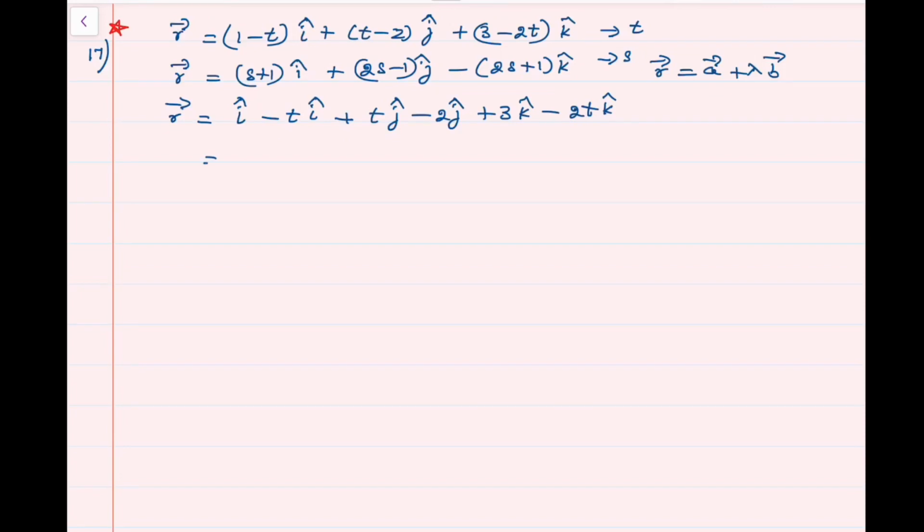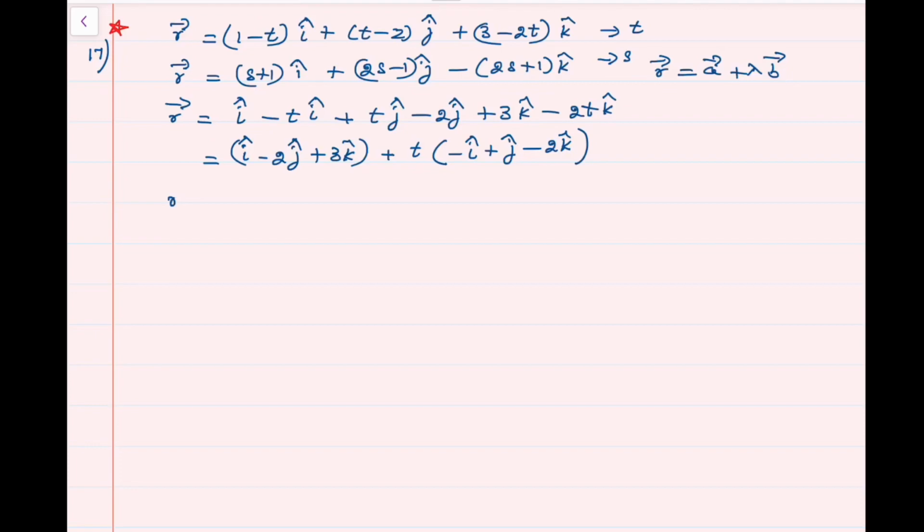Let us rearrange the terms. Without t terms we will write, and then with t terms: i minus 2j plus 3k plus t times minus 1i plus 1j minus 2k.